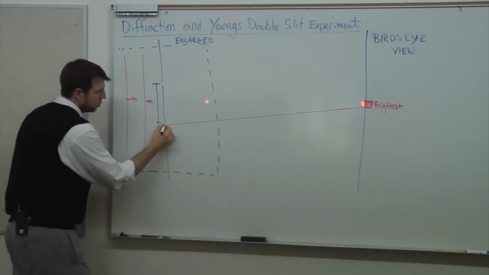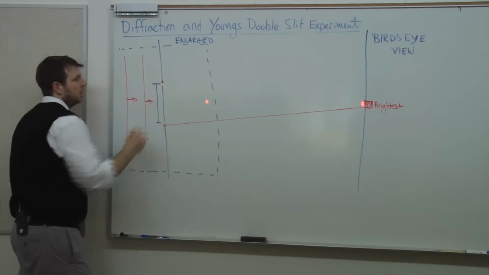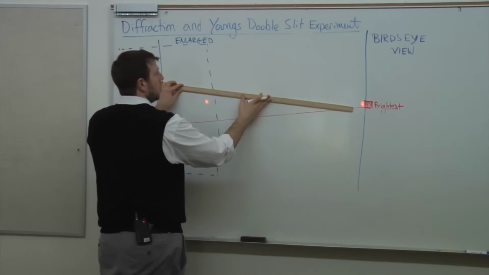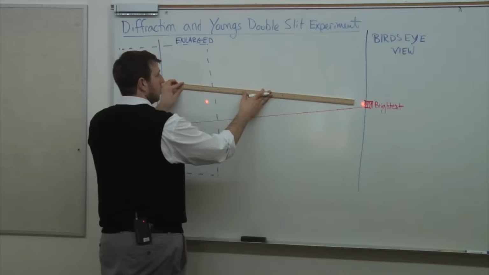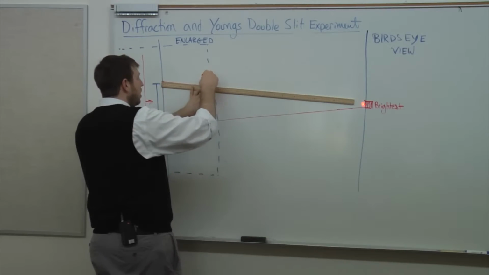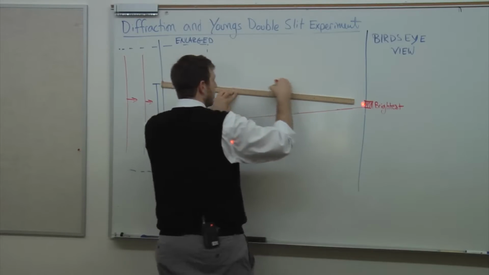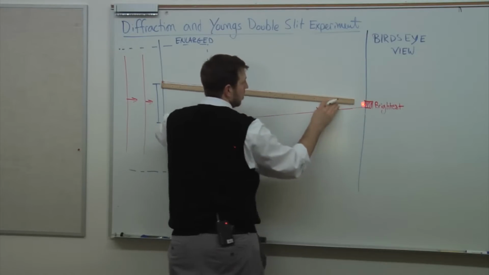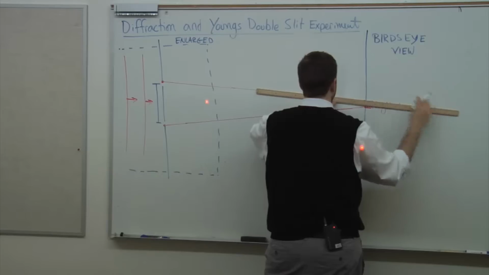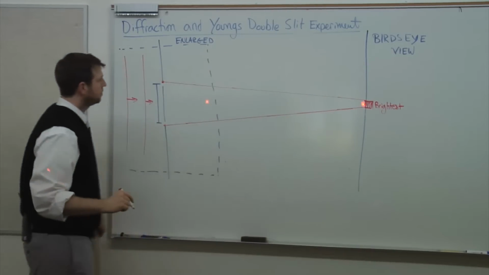And then, since we're drawing from this spot on this slit, we have to draw from the other spot. It is the exact same, symmetrical on the other slit. So what do we have going on here? This is one ray that's diffracting out and then interfering with the other ray. So there are our rays. So we get these two rays meeting up.